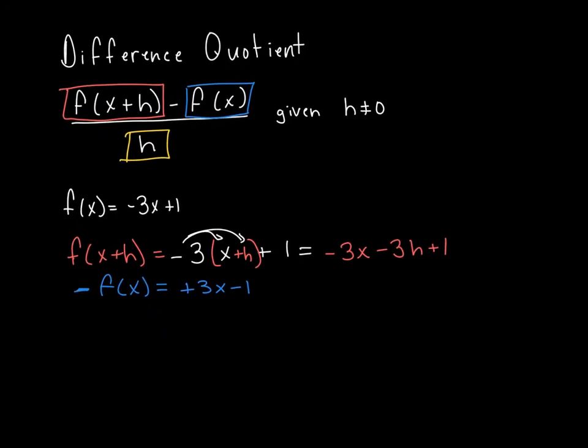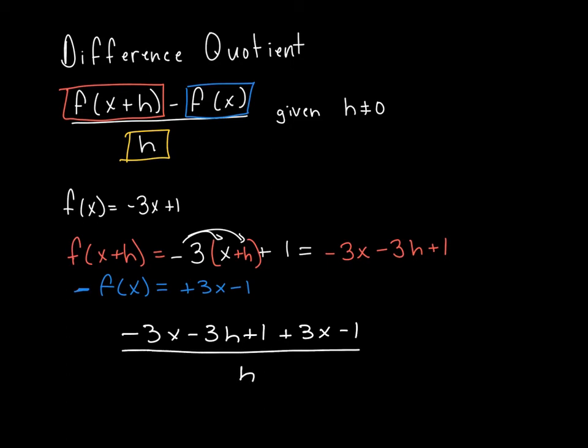So what do I have? My first part that I have in red, negative 3x minus 3h plus 1. Now the next part, which is in blue, gives me my positive 3x minus 1, and all of that is over h.